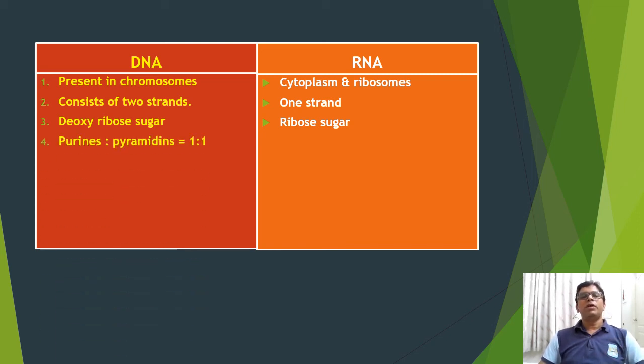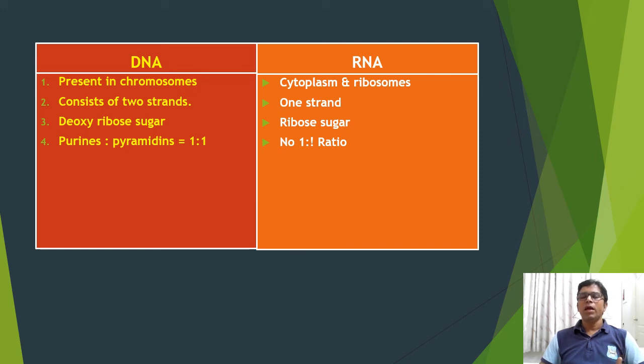And the fourth difference is that in DNA molecules, purines and pyrimidines are present in equal quantity. The ratio between purines and pyrimidines is 1:1. In case of RNA, there is no 1:1 ratio because there is no complementary base pairing.